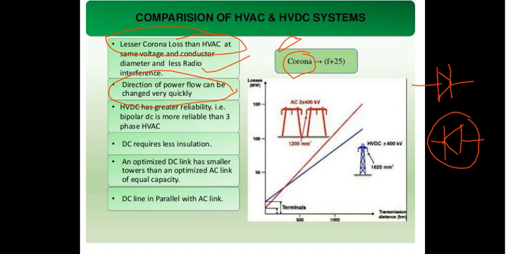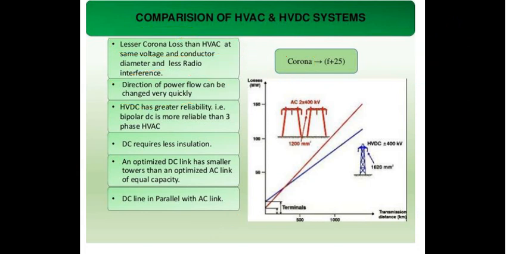As long as the value of alpha is less than 90 degrees, you know that it acts as the rectifier in a three-phase converter system. Once it exceeds 90 degrees, up to 180 degrees, you will be able to operate the converter in the inversion mode. So this is relatively simple in the DC transmission system. Therefore, wherever there is a requirement to change the direction of the power flow quickly, definitely DC systems are more advantageous compared to the AC systems.